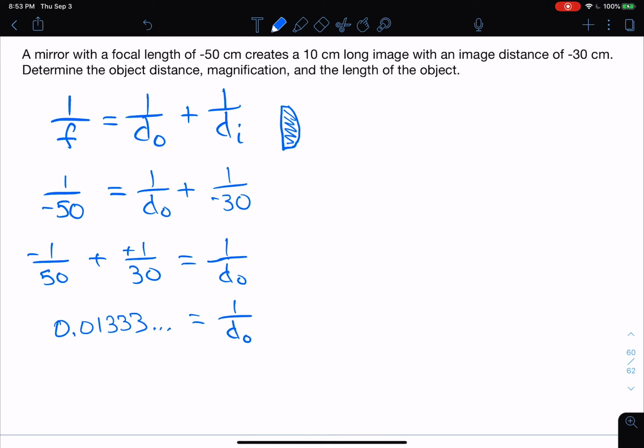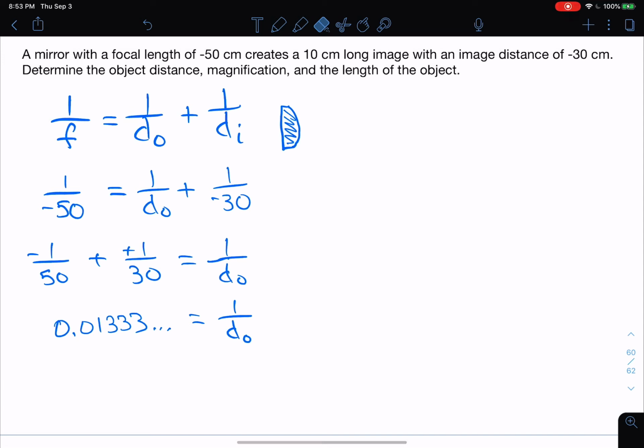Now, I can't stress this enough, we are not done. All we have solved for here is 1 over the object distance. We still need to solve for the object distance. The easy way to do that is to take the reciprocal. When I did this calculation just now, I left the number in my calculator, and I hope you did as well. Now all you have to do is take the reciprocal of your answer.